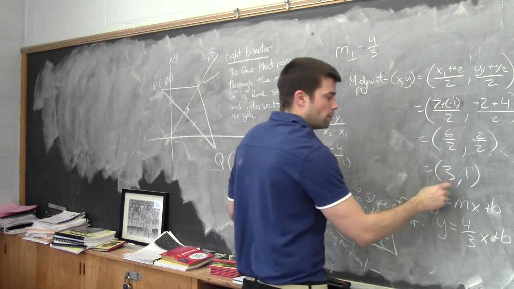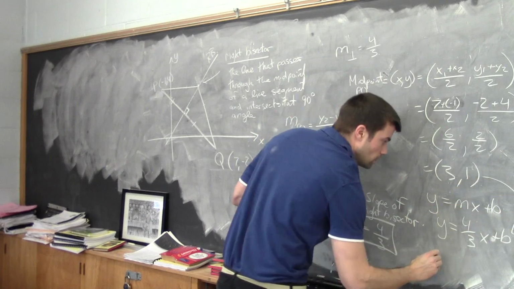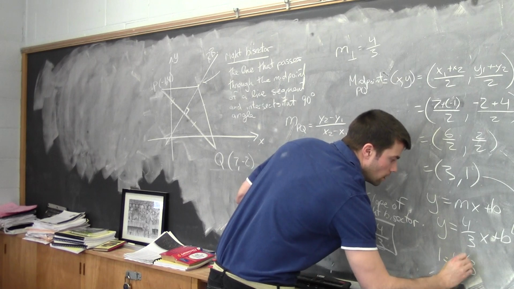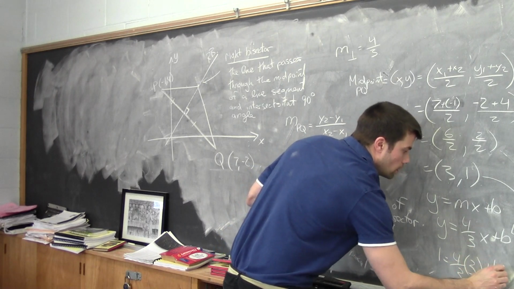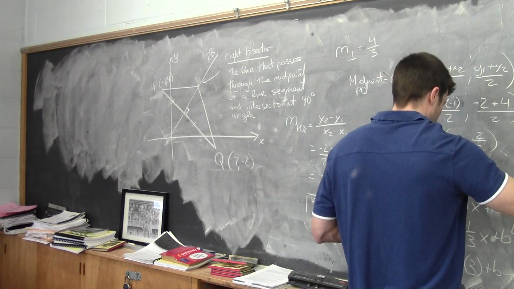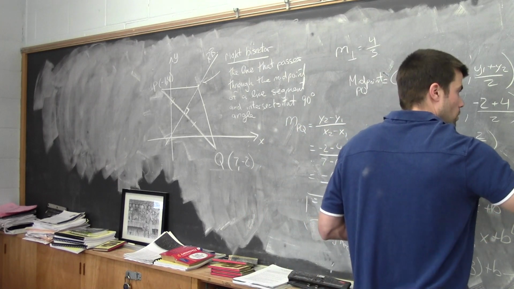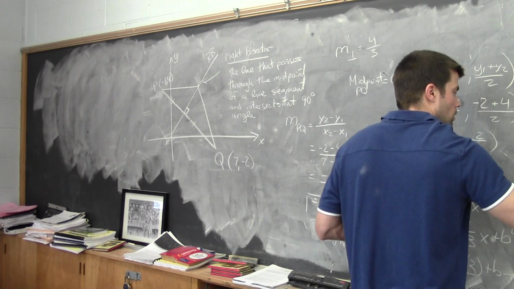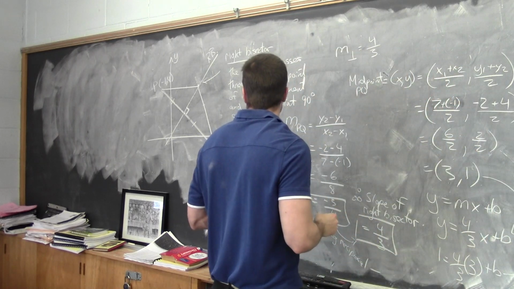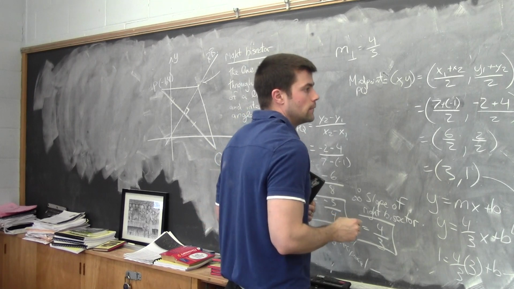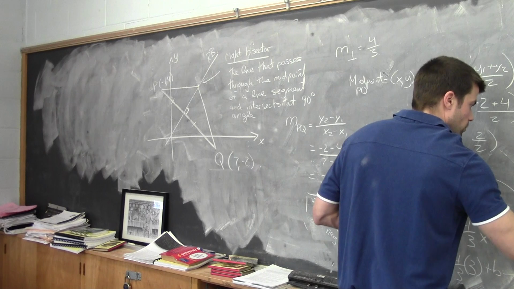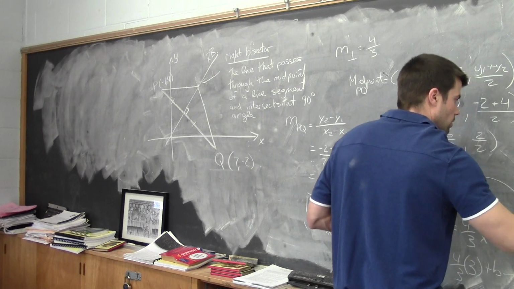And now sub in my point into here. And solve for b. So now my formula for the line becomes y = 4/3 x minus 3.